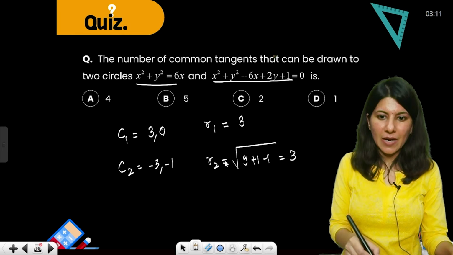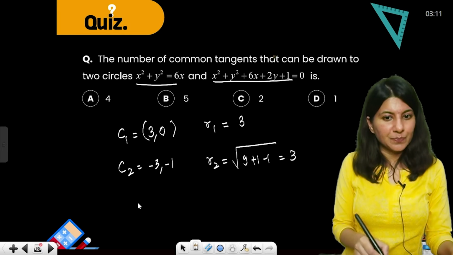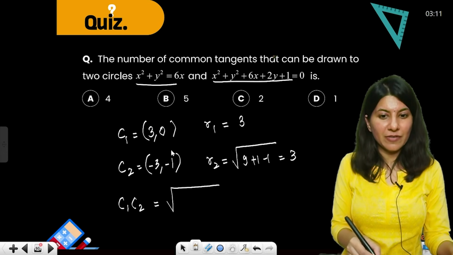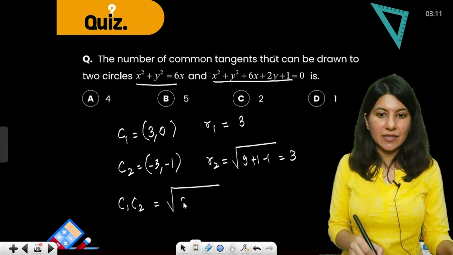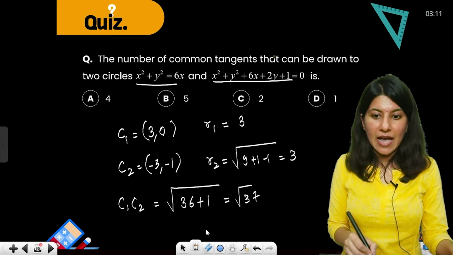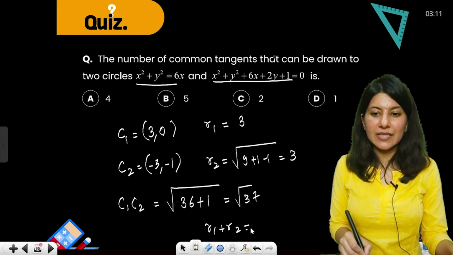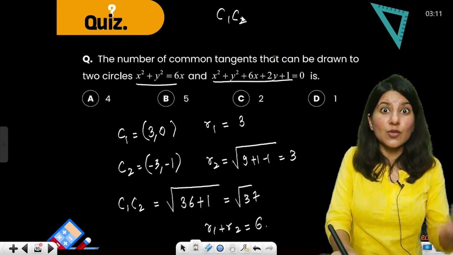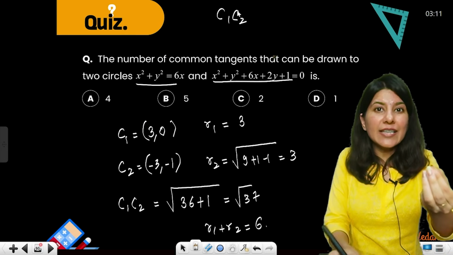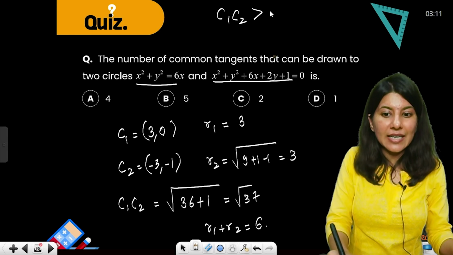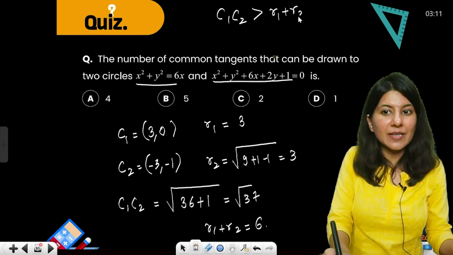Both the radii are the same. Now, the distance between C1 and C2 will be the square root of 6 squared, 36, plus 1, so root 37. And R1 plus R2 is 3 plus 3, which is 6. Clearly C1C2 is root 37, which is just greater than 6. So C1C2 is greater than R1 plus R2 this time.